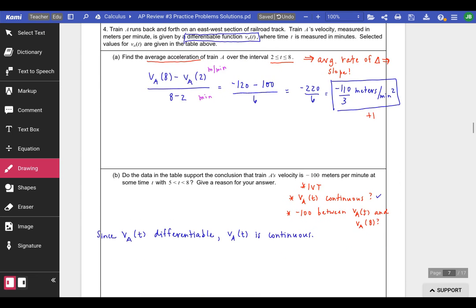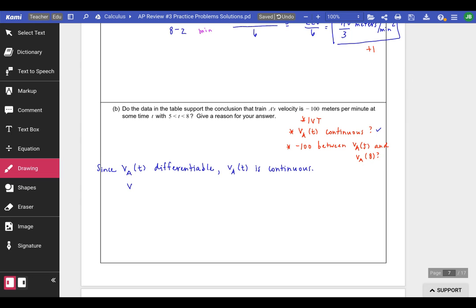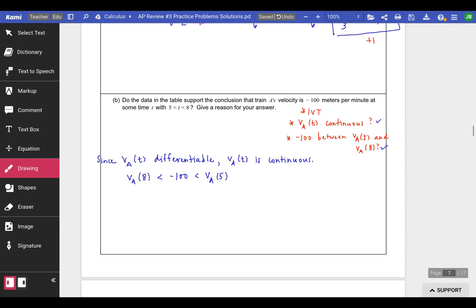So I'm going to write that v sub a of 8 is less than negative 100, and that's less than v sub a of 5. So I've addressed here that the value I'm trying to prove is in between those endpoints. I've met my two conditions, so now I just need to write my conclusion.